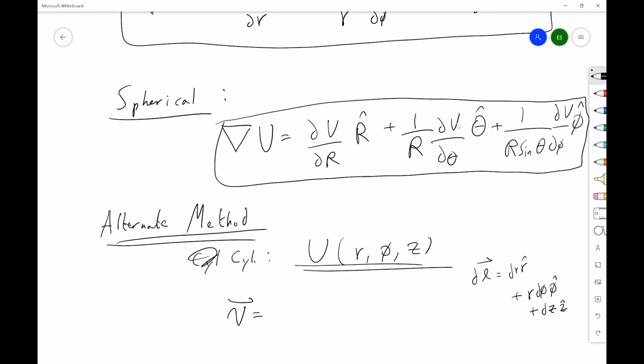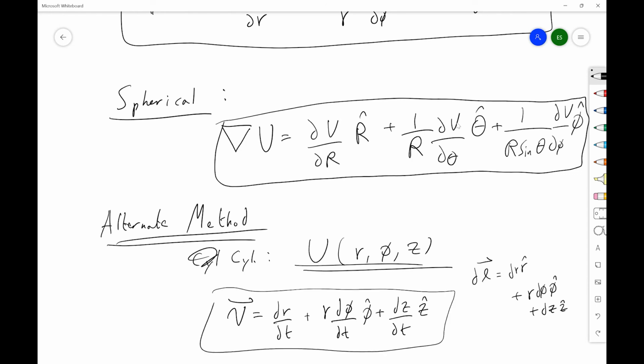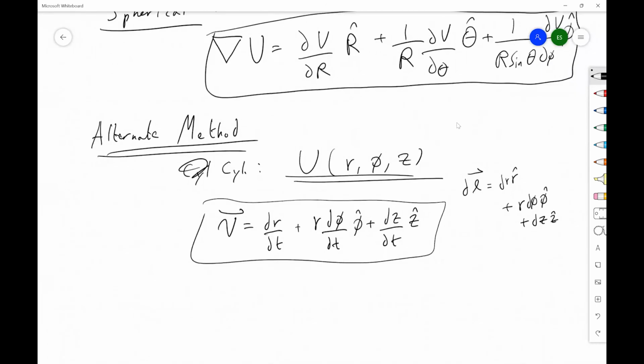So divide that by delta t to get the velocity. So I end up with dr over dt r hat plus r d phi over dt phi hat plus dz over dt z hat. This is what the velocity looks like in cylindrical coordinates, if you want to express the velocity of a particle on a path in cylindrical coordinates.